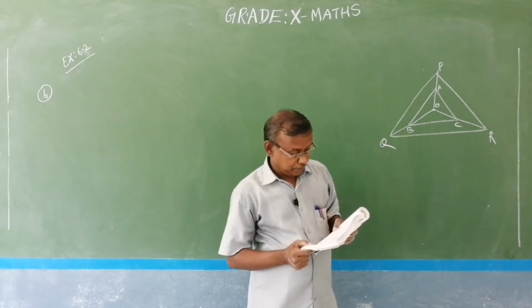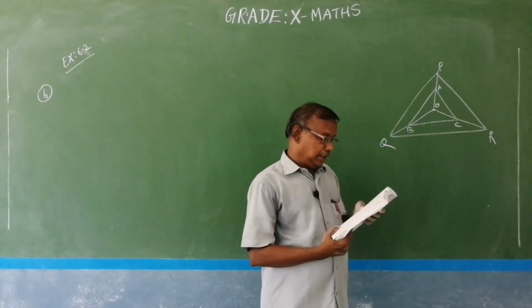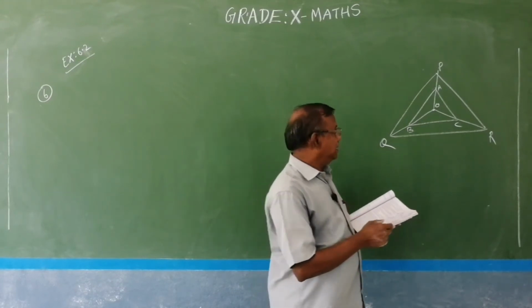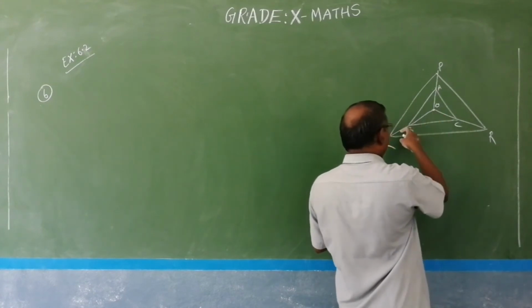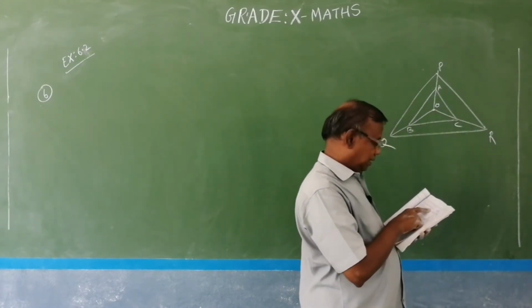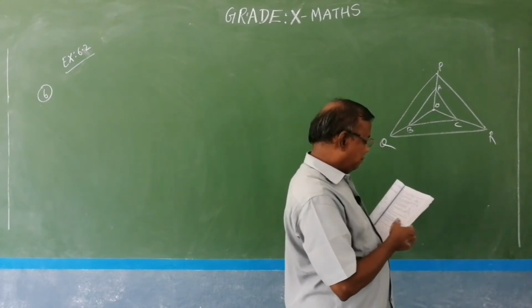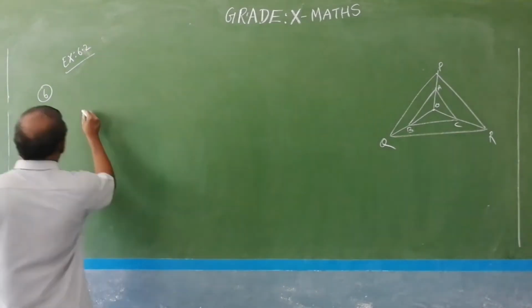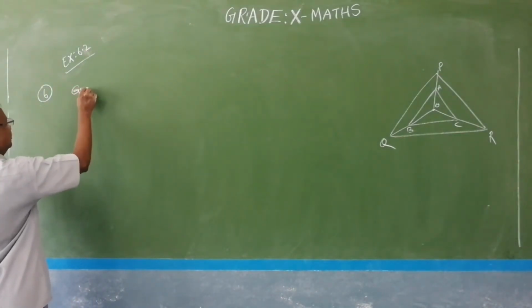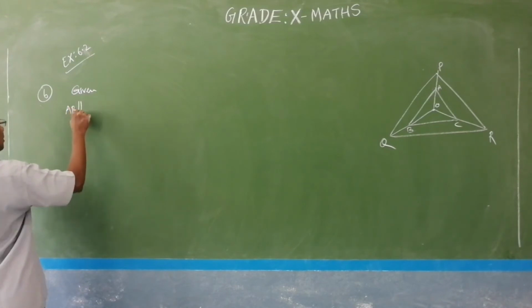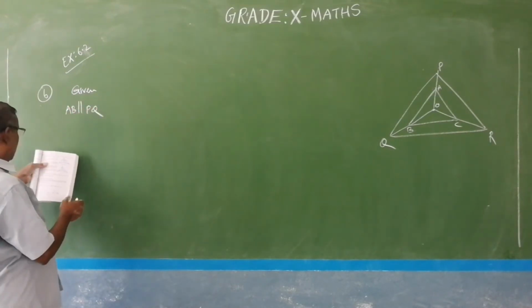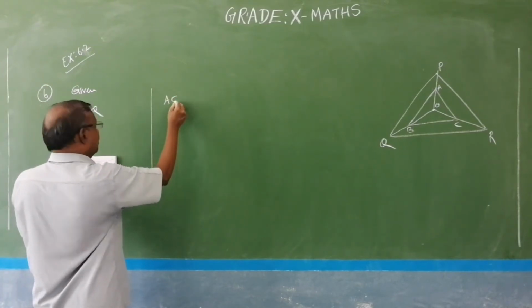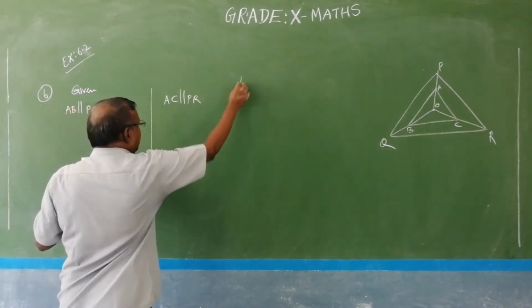Question number 6. In the diagram, A, B, C are points on OP, OQ, OR respectively such that AB parallel to PQ and AC parallel to PR.